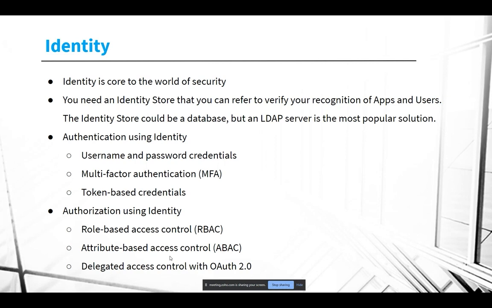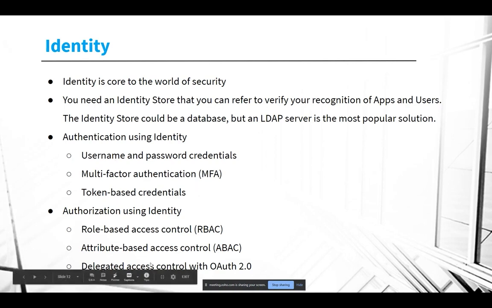So there are a few companies, a few policies, where you can use attribute based access control using LDAP also. And the third one, and the most popular one, is delegated access control with OAuth 2.0. Delegated access control and token based credentials are almost similar, but in a token based credential you are just proving that you are authenticated, you are not authorizing.